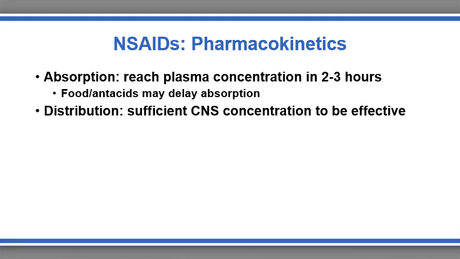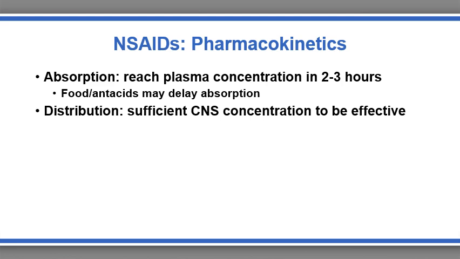As far as distribution, most of the NSAIDs are extensively bound to plasma proteins, usually albumin, and they achieve good concentration to have that CNS effect. There is a certain concentration needed for them to have that central analgesic effect for pain relief.